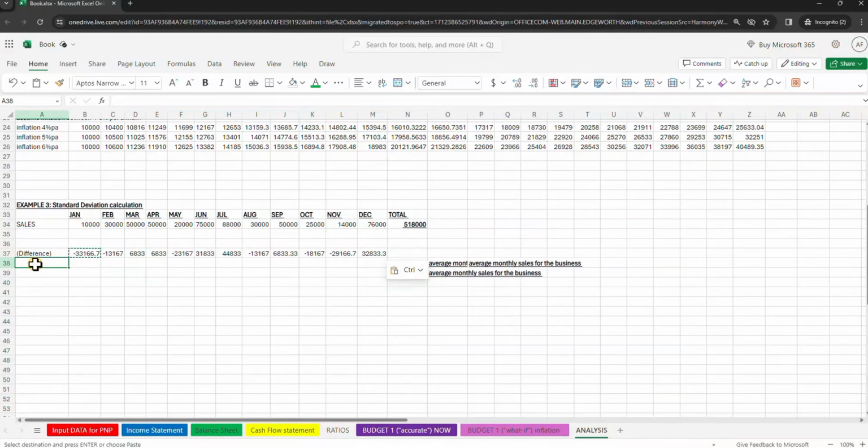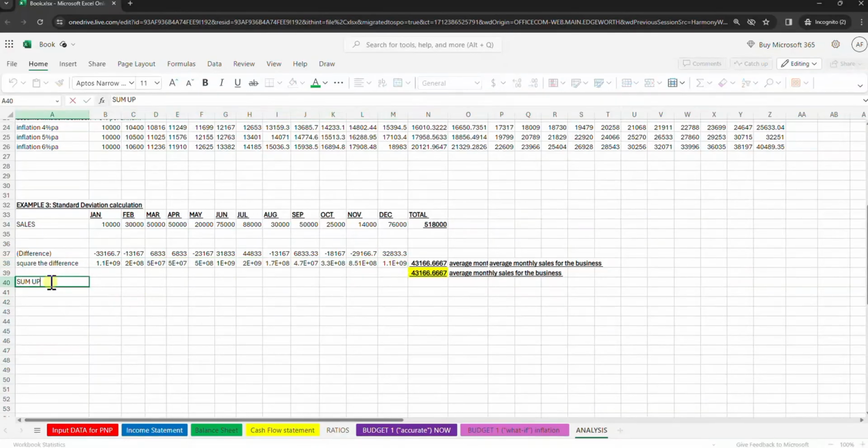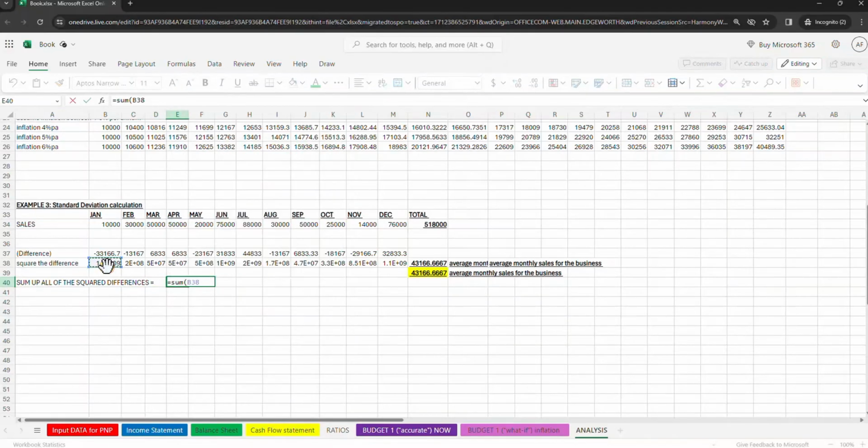Then I need to square the difference, taking this amount and multiplying it by itself. And then I need to sum up all of the squared differences. So equals sum up all of these squared differences.